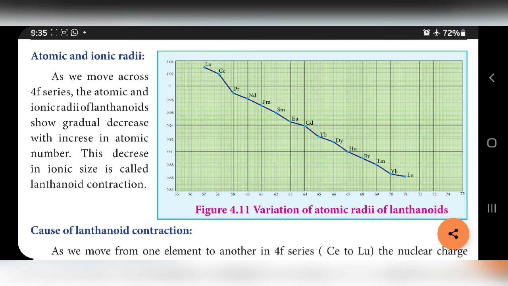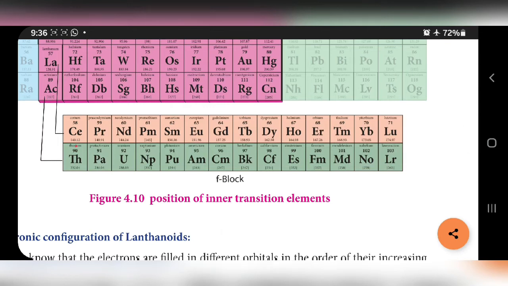Very important question. Atomic radius or ionic radius as we move across the 4f series. Which one is called the 4f series? This series is called the lanthanoids or 4f series.